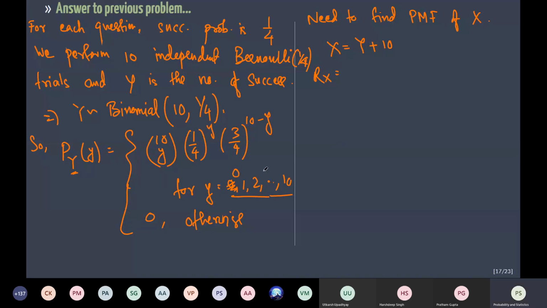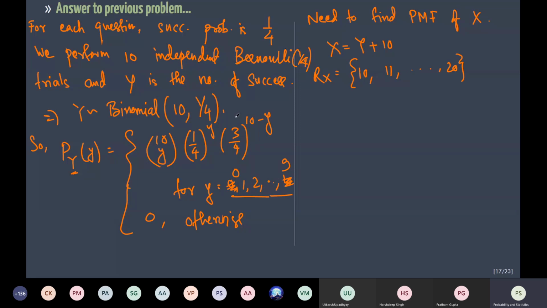Or I start with 0, let us say, then I make this 9. If that is the case, then 0 plus 10, so this will start from 10, 11, and so on, up to 20.